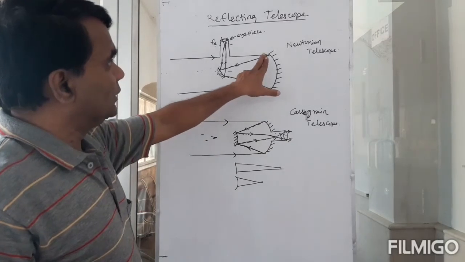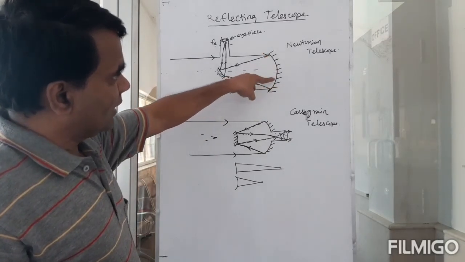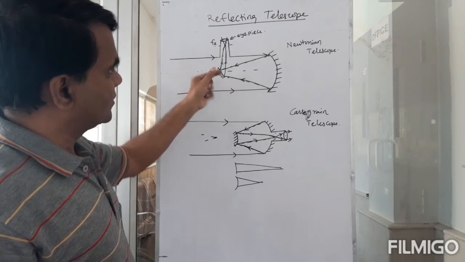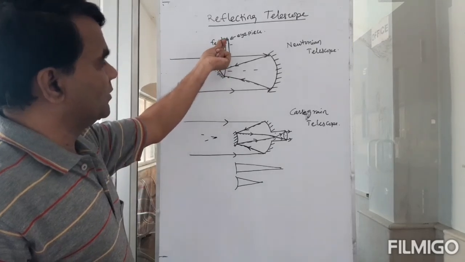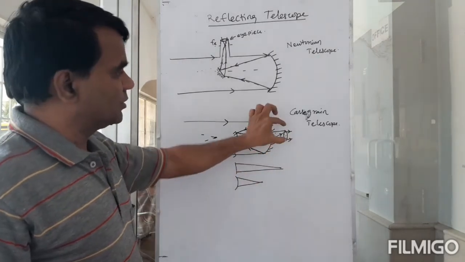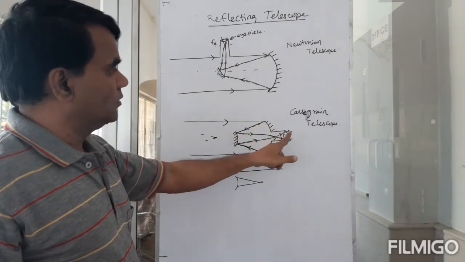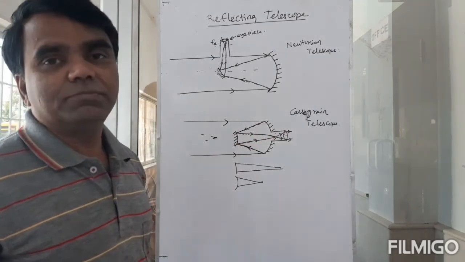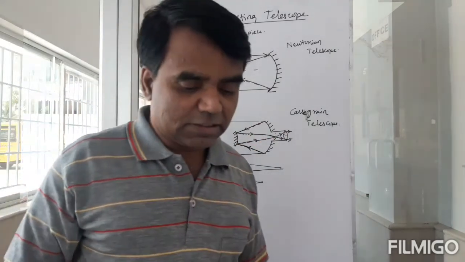But in the Newtonian, you use one concave mirror and then one plane mirror at the center to just redirect it to the eyepiece. And here also there is an eyepiece through which you see the image. So this is how the telescopes work.